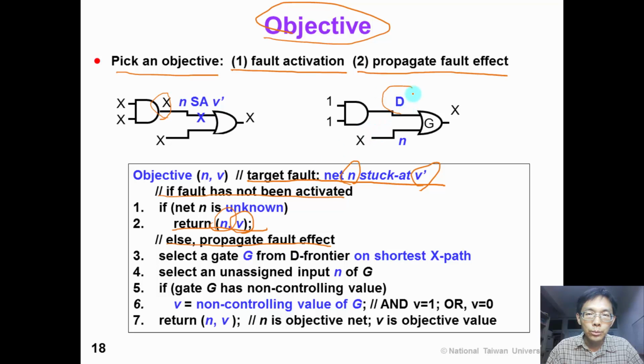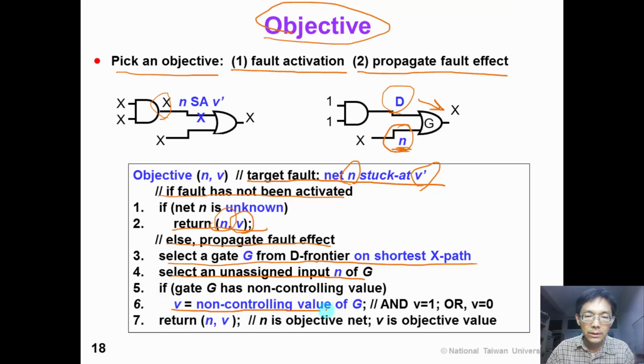We now want to propagate the fault effect D. Let's select a gate G from the D frontier on the shortest X path, and we select an unassigned input N of G. So the objective value is to control net N to a non-controlling value.